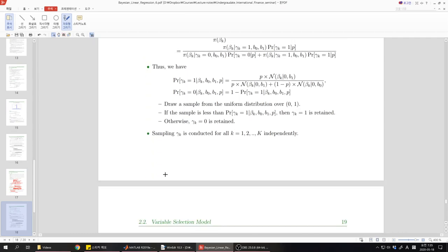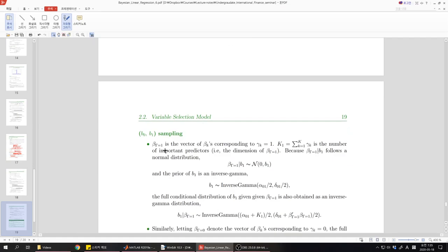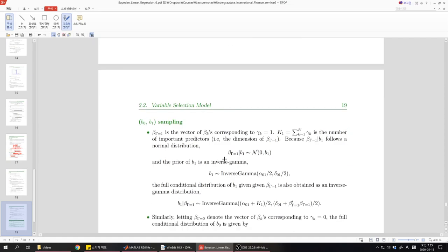Okay. Here now we are sampling b0 and b1. This is really important. Again, this is our prior when gamma is 0. Let me explain this notation. So we have beta. How many?